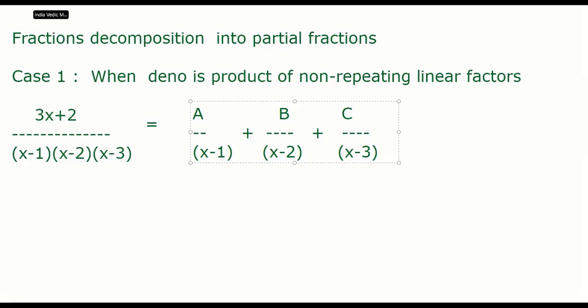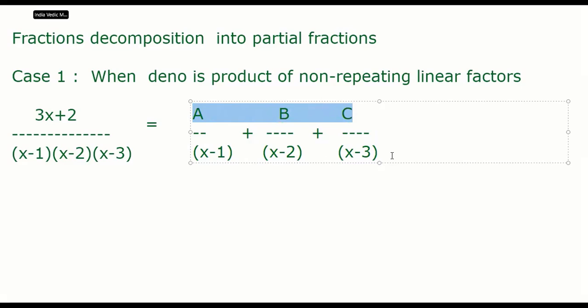Non-repeated means it's not like x minus 1 whole square is there or x minus 2 whole square is there. That's why I said when the denominator is a product of non-repeating linear factors. So our objective is to split or decompose the original fraction into 3 partial fractions, because there are 3 linear factors. And our objective is simply to find the values of a, b and c. The moment you find the values of a, b and c, we are done, right everybody?